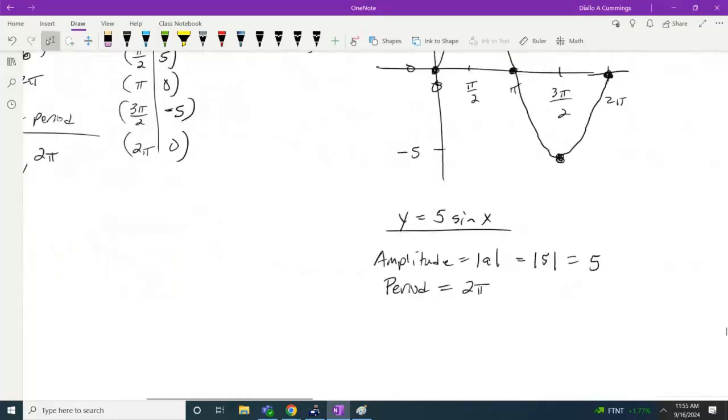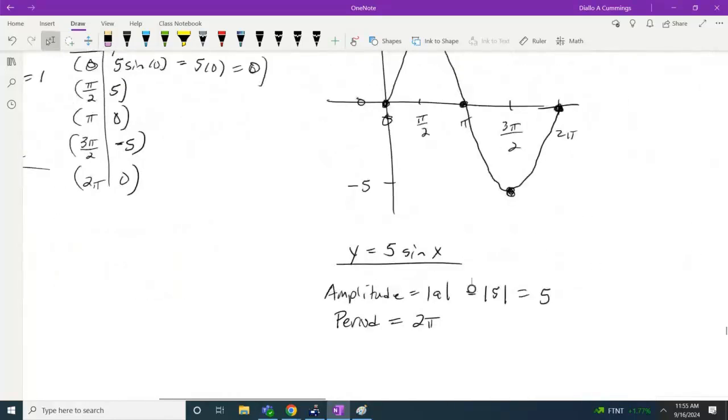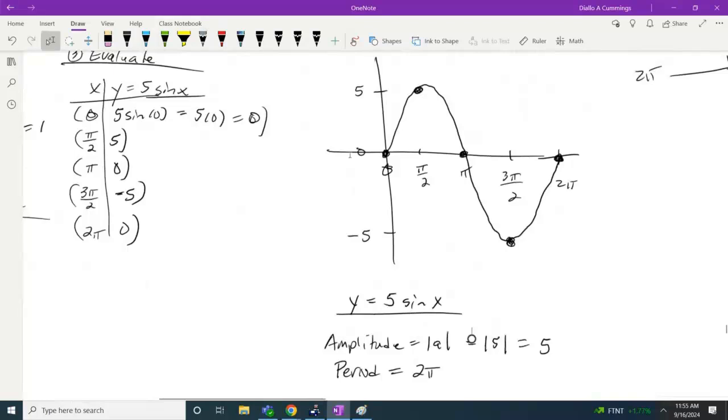The midline. Okay. The midline is the graph that's in the middle of your graph. It's that in-between point. So if my bottom minimum is negative 5, the top is positive 5, the midline is actually the x-axis.